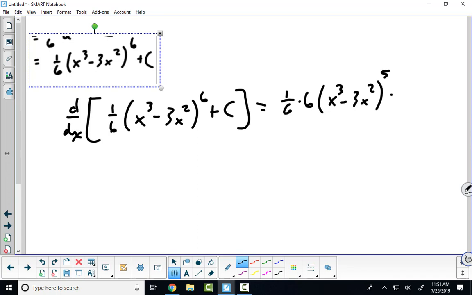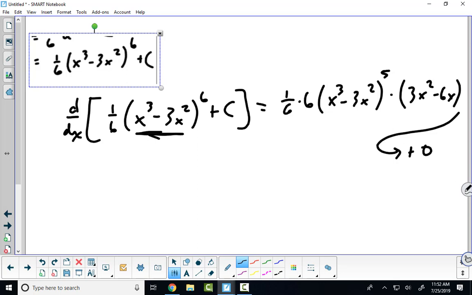But the expression inside the sixth power was more complicated than just an x, so I've got a chain rule. So that gives me 3x squared minus 6x. And then, of course, what's the derivative of the plus c term? Always 0, which is why it never shows up again.